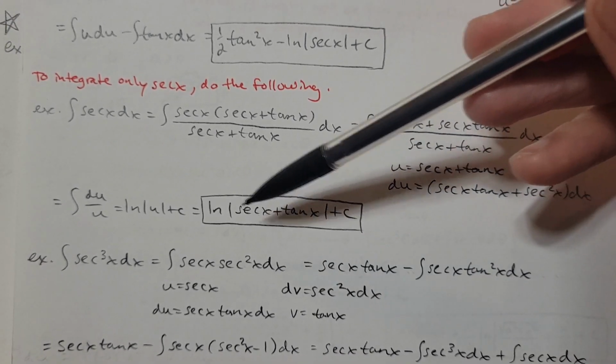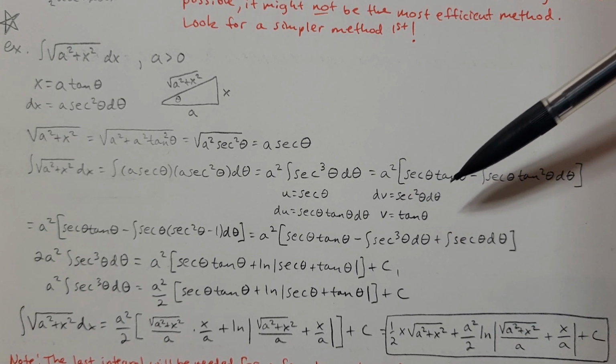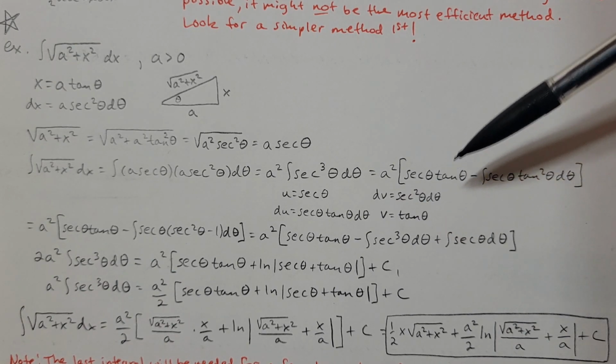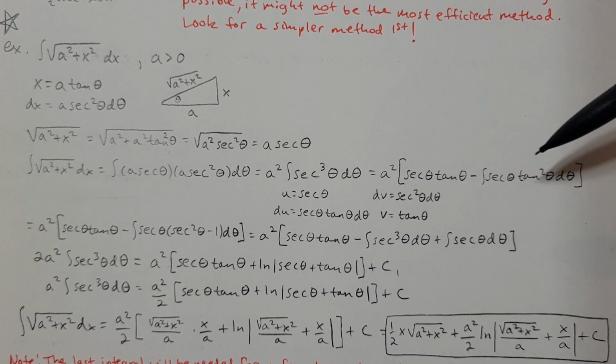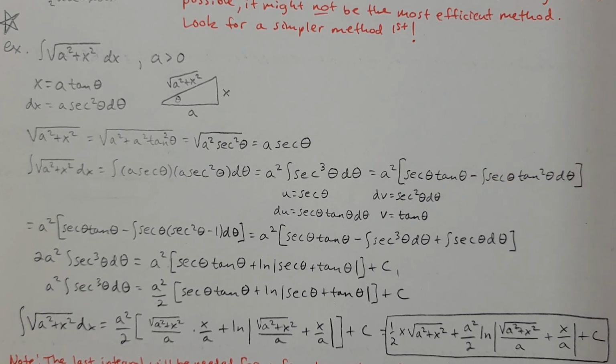Now, if I multiply those two things together, that does not sound like a fun integral to be working with. That makes the integral more complicated than what it was originally. Remember that with integration by parts, you're creating a new integral that is going to be easier than what it was before. So again, keep that in mind.